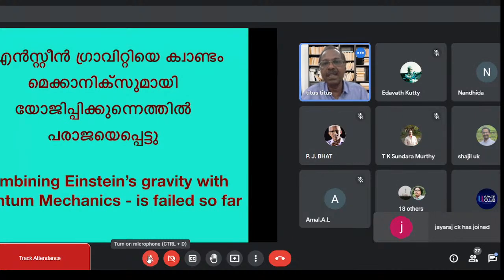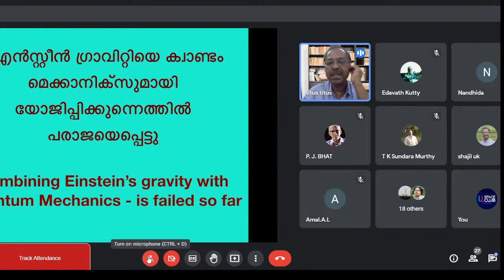But such an approach, combining Einstein's gravity with quantum theory, has not become a success till now. Or I can say that combining Einstein's gravity with quantum mechanics has failed so far, right?